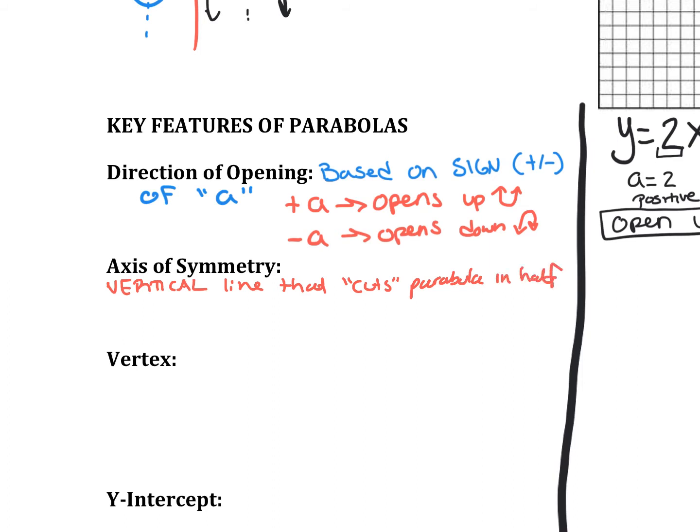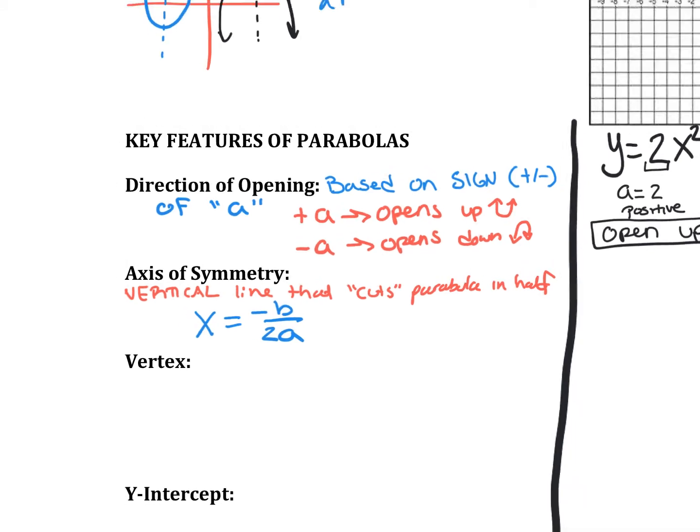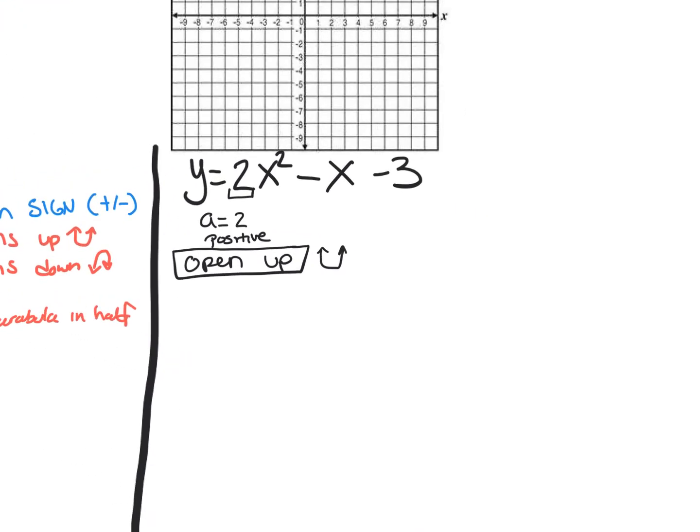And since it's a vertical line, that means it has the equation of x equals, always x equals, and to get the number that x equals for our vertical line, it'll be the opposite of b over 2a. So whatever your a and b are. For our example, a is 2, and in this case our b is negative 1.